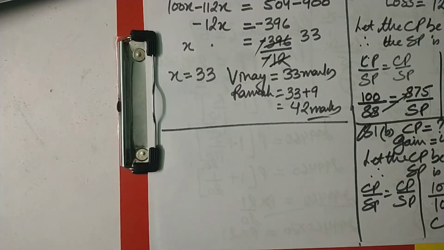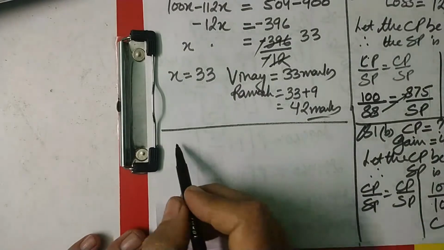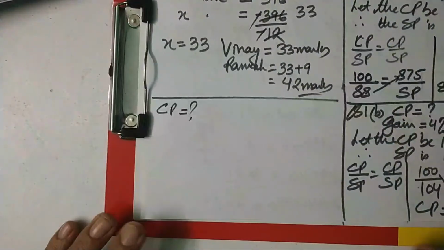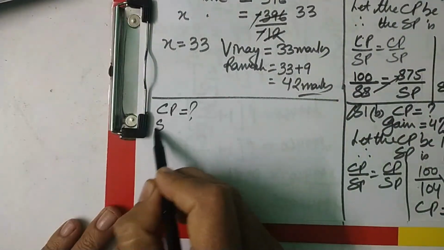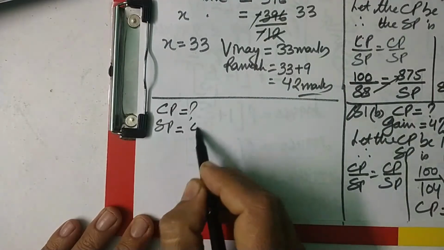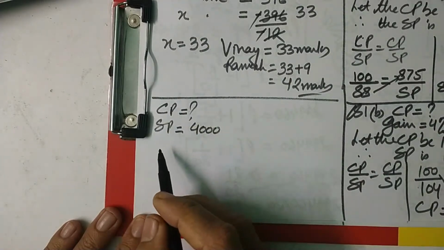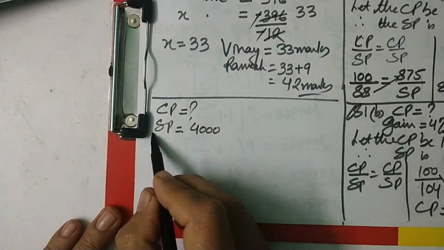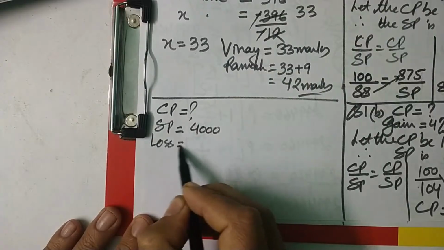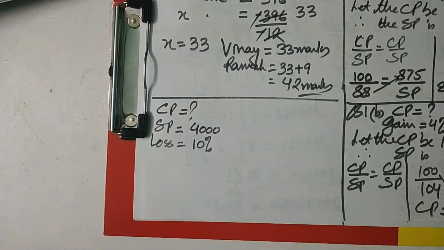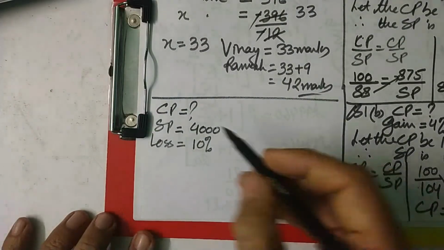I will change it. The selling price is given, CP you have to find. SP is, and there is a loss of 10%. This is the first question.